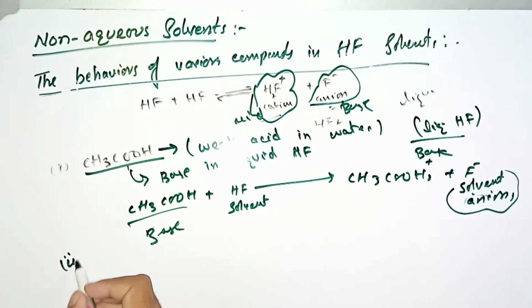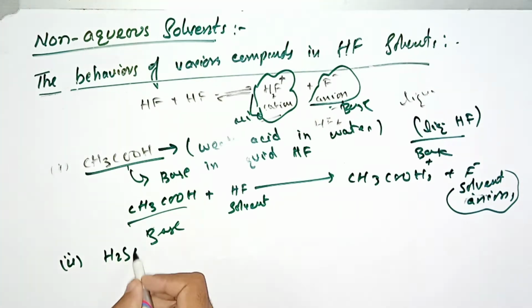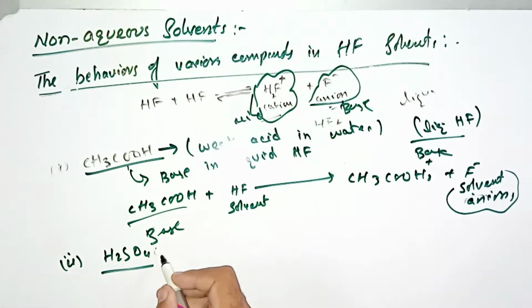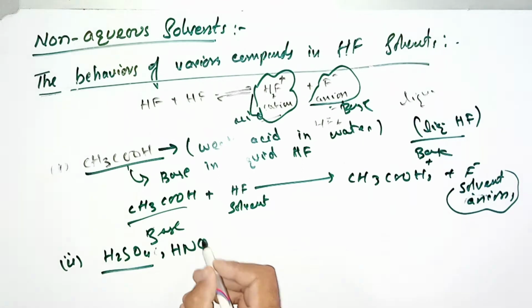Another example in HF is H2SO4, sulfuric acid. We know that sulfuric acid is a very strong inorganic acid, and similarly HNO3 is also a very strong acid.